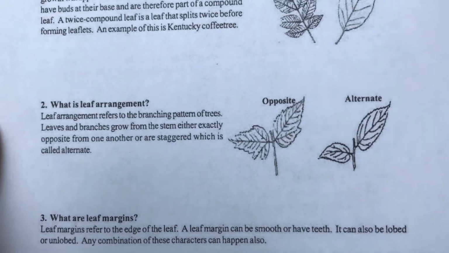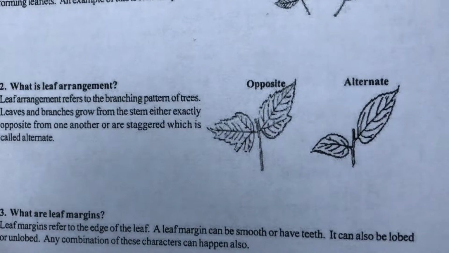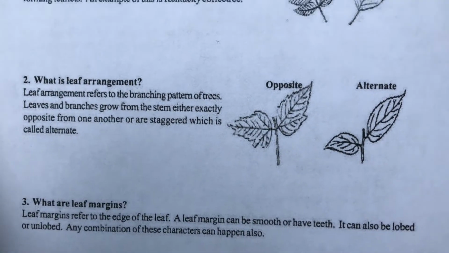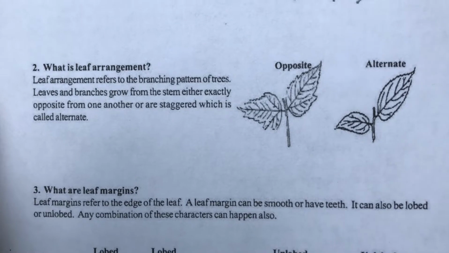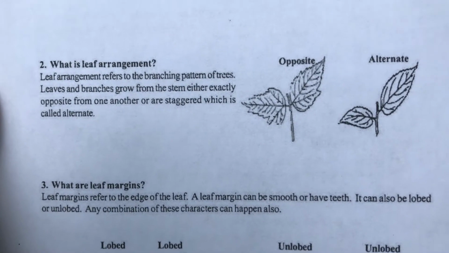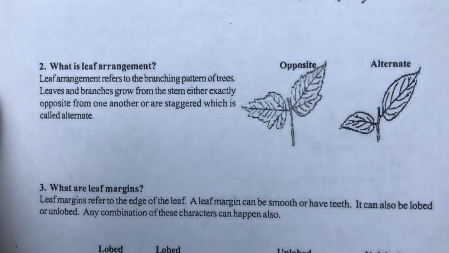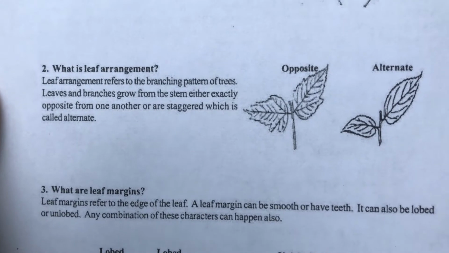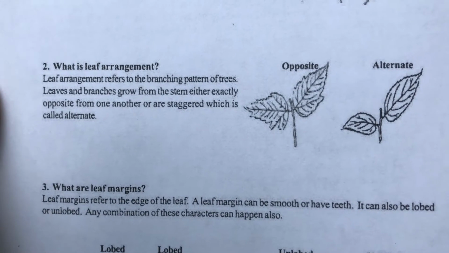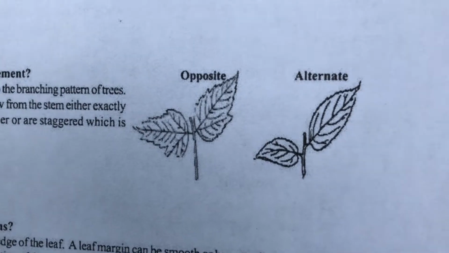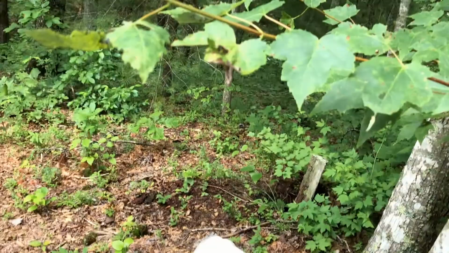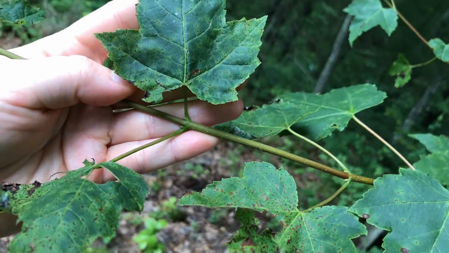So what is leaf arrangement that illustrates opposite versus alternate? The leaf arrangement refers to the branching pattern of the trees. Leaves and branches grow from the stem either exactly opposite from one another or are staggered, which is called alternate. So let's take a look at our leaves again, and we will go back to the same one.